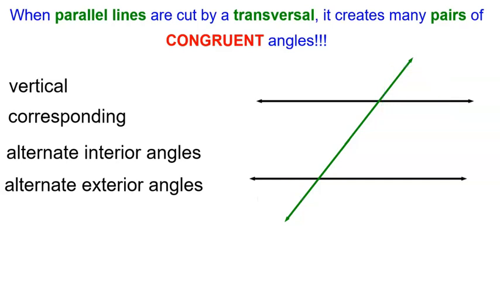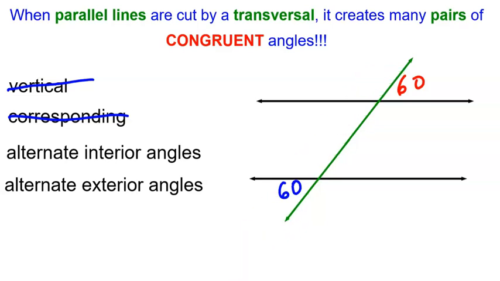The original angle is equal to this angle down here, but not because they're vertical, not because they're corresponding, because if I slide this angle up the transversal line, if I translate it up, it wouldn't overlap the original angle.